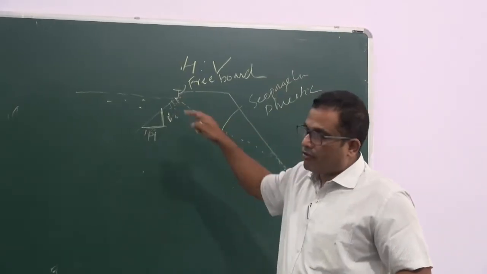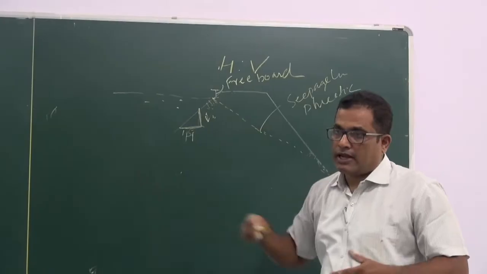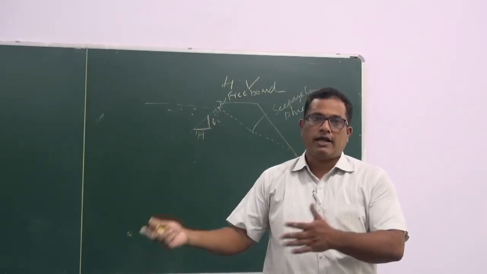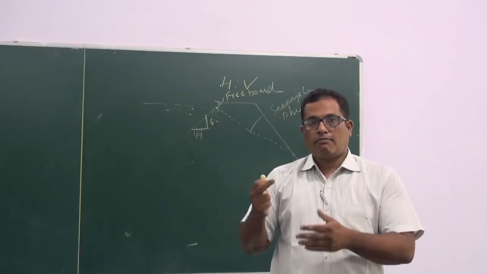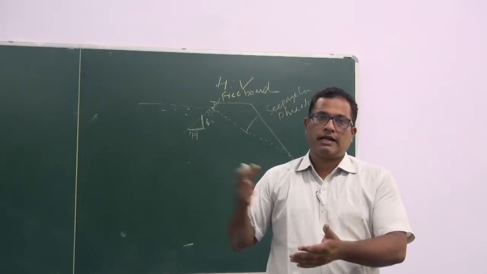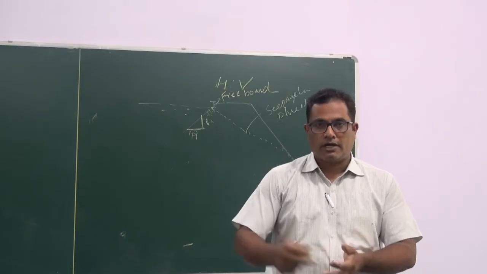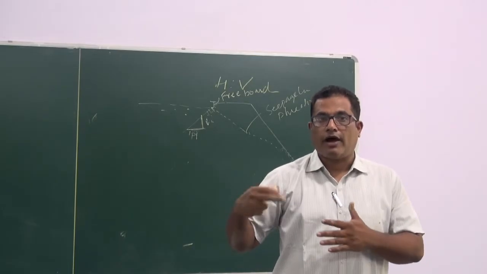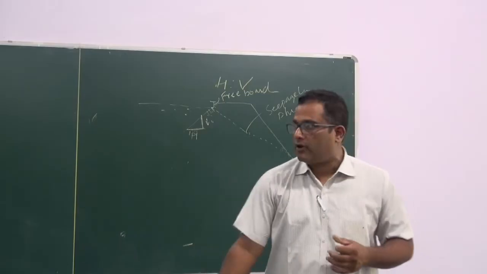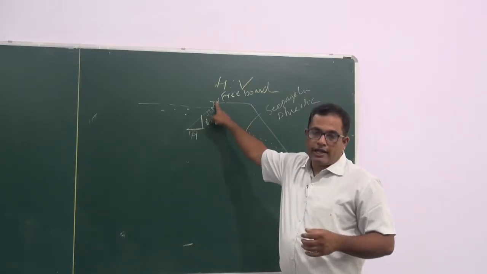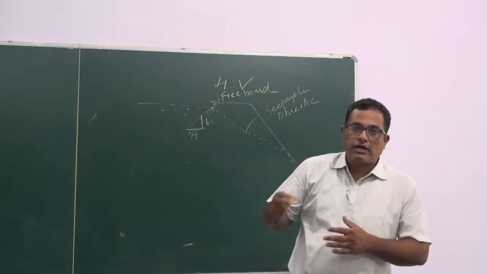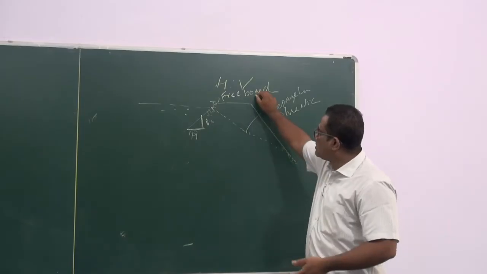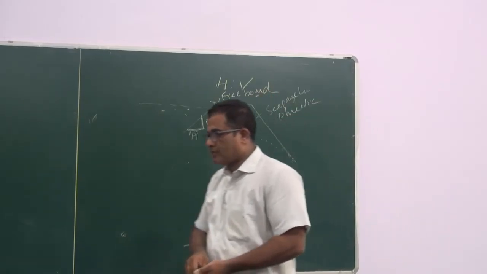Because it is probability, more than the designed rainfall may occur, or less may occur. If we receive a storm of higher intensity, this freeboard will take care of it and will not allow the bund to be overtopped. So this is the concept of freeboard.